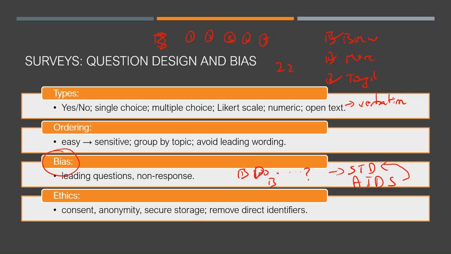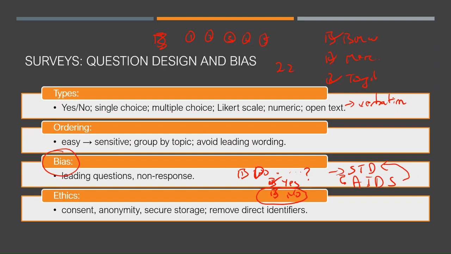Because you have already guided that person, when you get the answer yes or no, instead of saying no, that person will say yes, because you have already mentioned what a sexually transmitted disease is. For example, AIDS. You mentioned that. So this is a problem. When the person should have answered no, meaning he did not know, you just guided him. This is what we call leading. You have interviewer bias, for example, here.